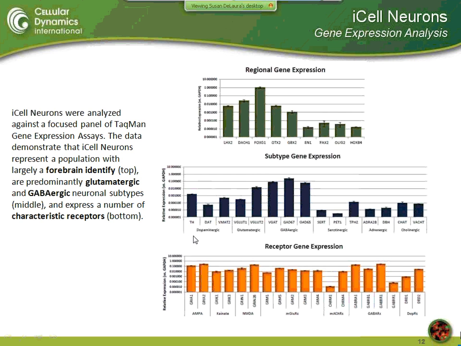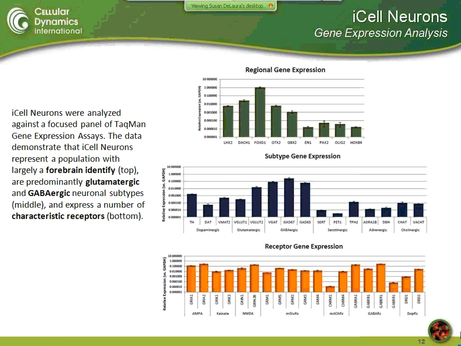And then as far as some of the receptor gene expressions, we looked at a variety of them. These are some of the main ones that people are frequently asking about, and we have good levels of expression of various receptors. I will talk a little bit more about that in a couple slides coming up.